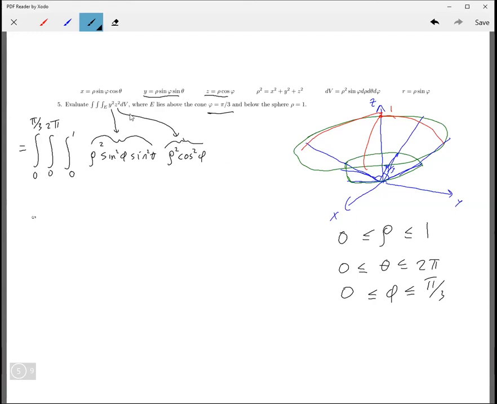And then your dv is going to be all this: rho squared sine phi d rho d theta d phi. Wow. There's a lot. That is a really serious integral here.